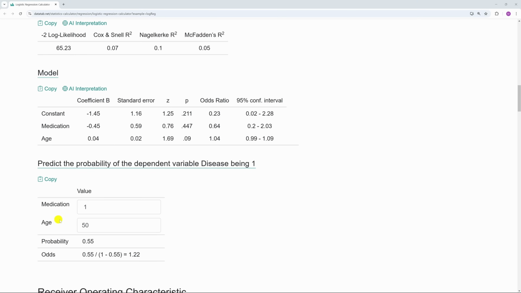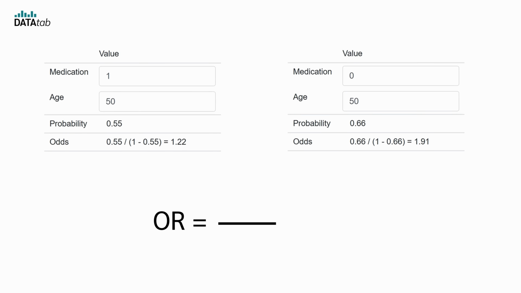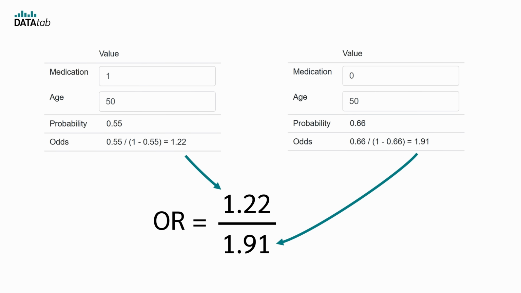Therefore, if we're going back to DataTab, we just need to compare the odds of a person who took the medication with the odds of a person who did not take the medication. So to get the odds ratio, we just need to divide the odds of a person who took the medication by the odds of a person who did not take the medication. This results in an odds ratio of 0.64.